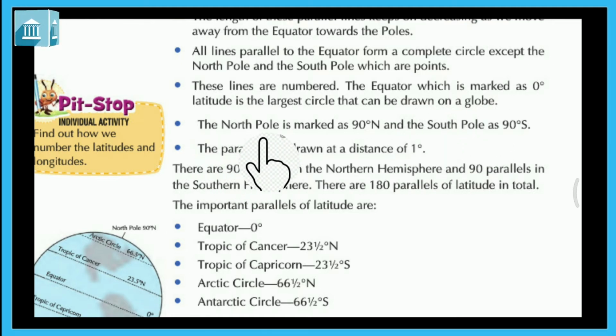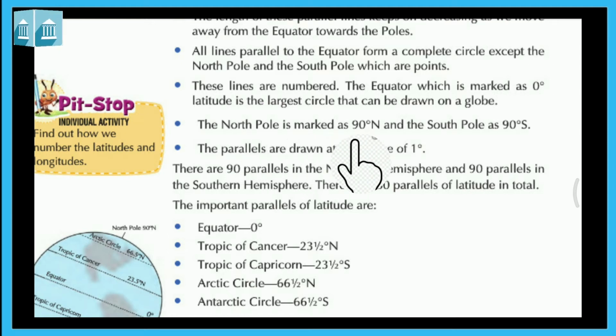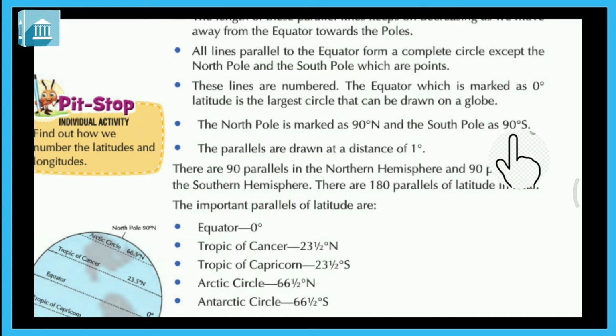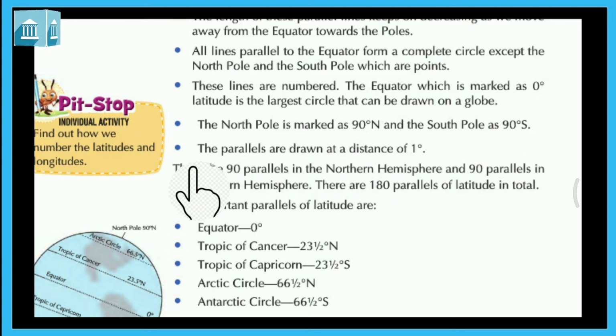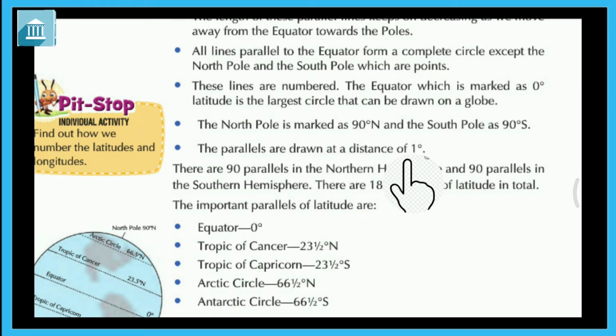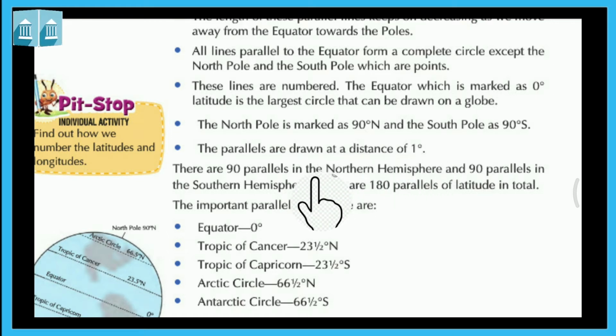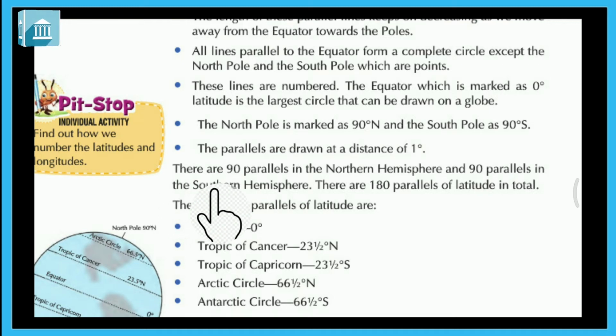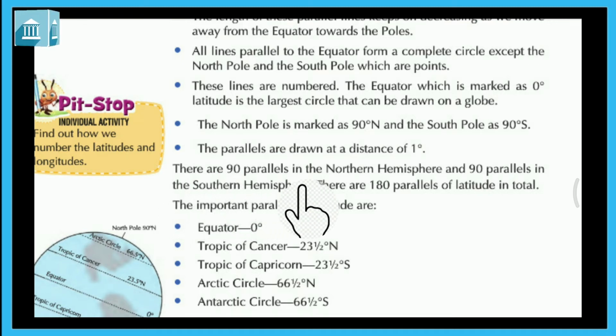The North Pole is marked as 90° north and the South Pole as 90° south. The parallels are drawn at a distance of 1 degree. There are 90 parallels in the northern hemisphere and 90 parallels in the southern hemisphere.